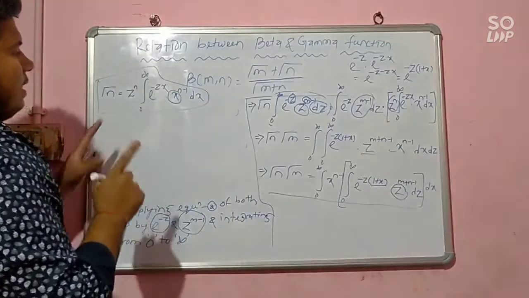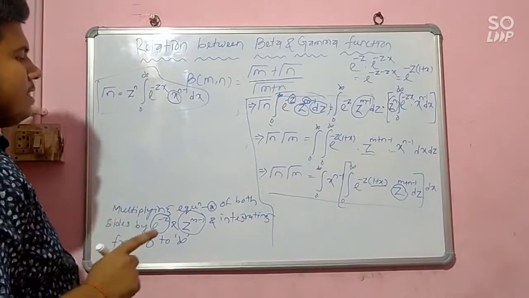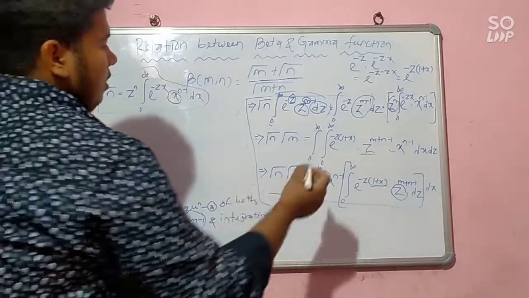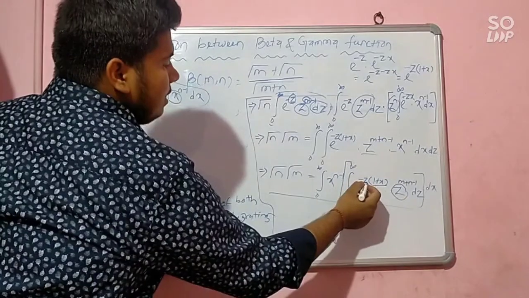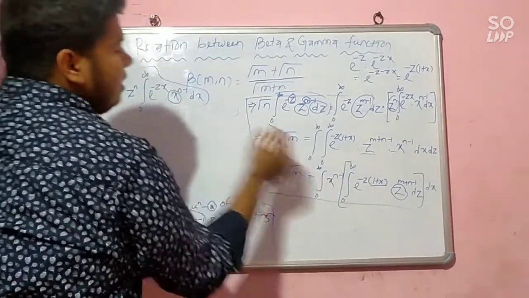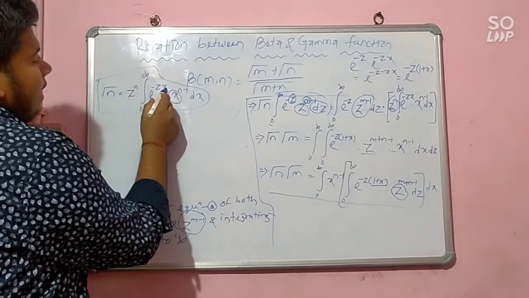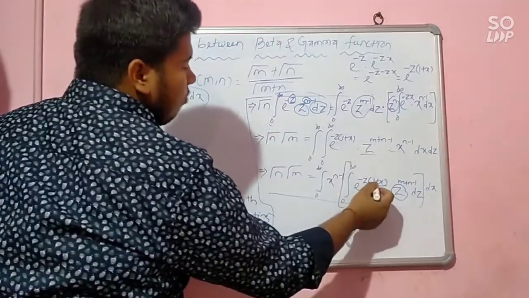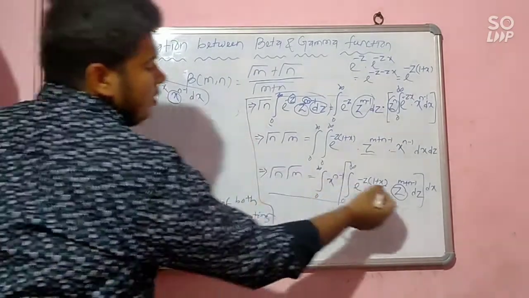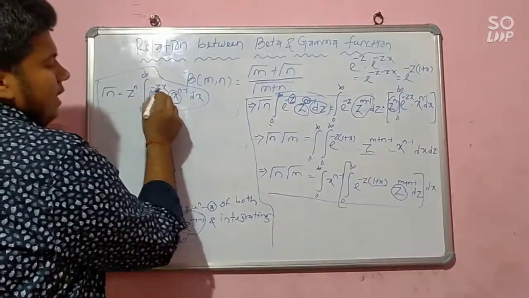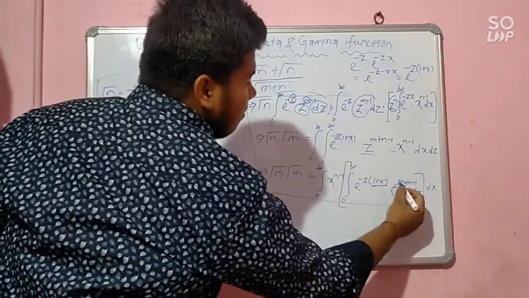Again see, when we say e to the power minus zx, in the place of x, here is z. So this z also we can compare with x. So in the place of z, here is 1 plus x, and in the place of n, here is m plus n.